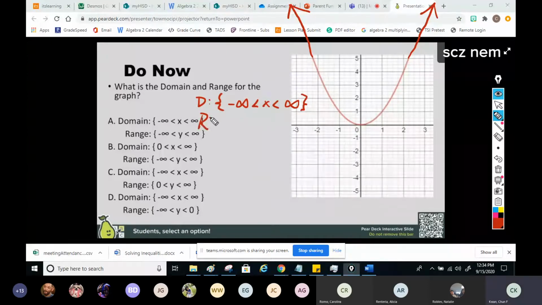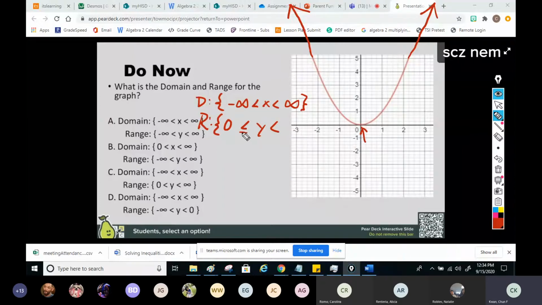All right, what about the range? So the range is how high and how low does the graph go, okay? How high and how low. So the lowest point is obviously right here. That is the lowest point of the whole graph. And that would be 0. And then 0 less than, y less than. And then right here, we are going to use an equal to.